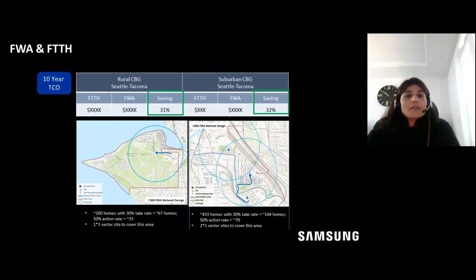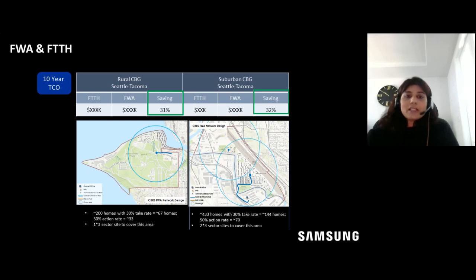For both of these CBGs, a three-sector FWA site was considered. It was an MMU site, which can provide that 100 by 20 service, and all the network components required to put that site together, like tower build, core network, and transport networks, were considered to build this site.